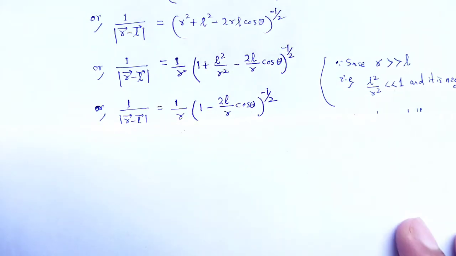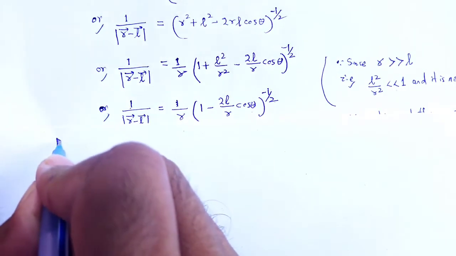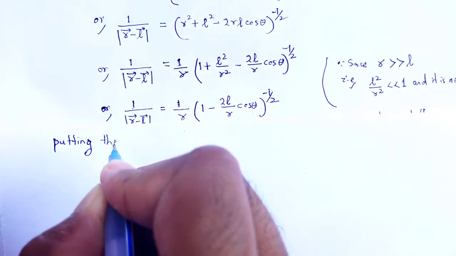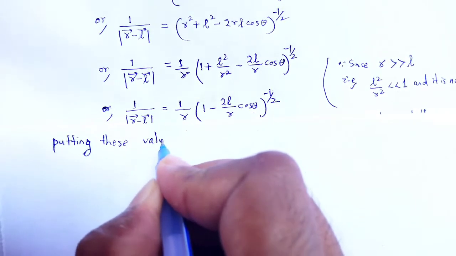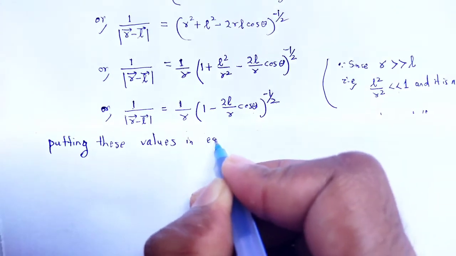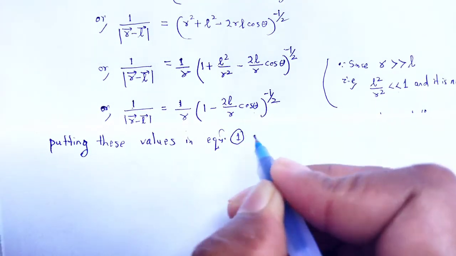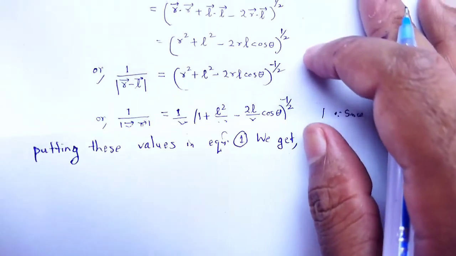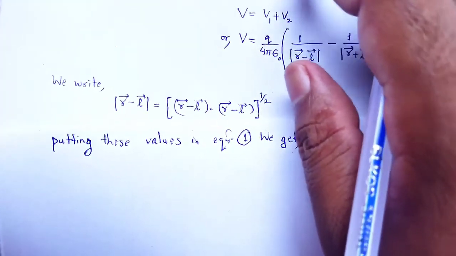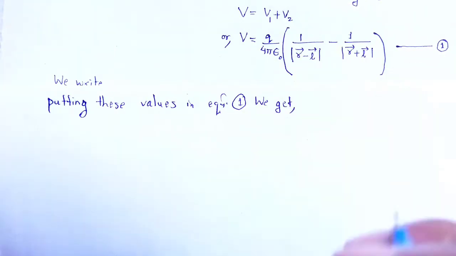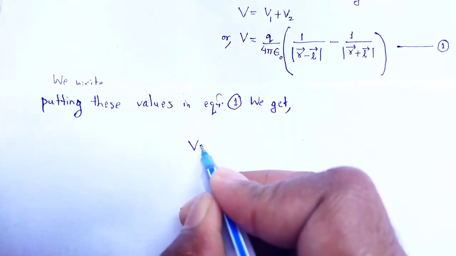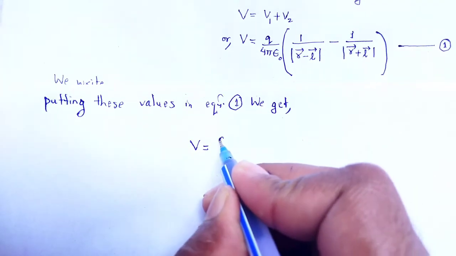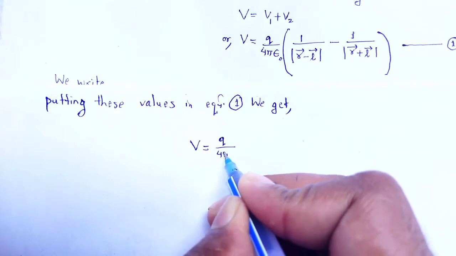putting these values in equation 1, we get the potential V equal to Q by 4 pi epsilon naught.